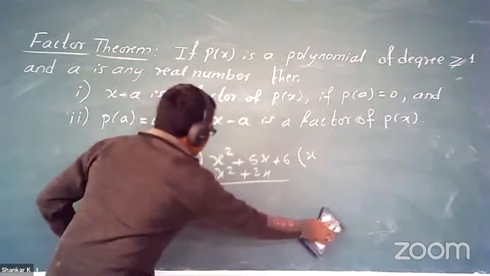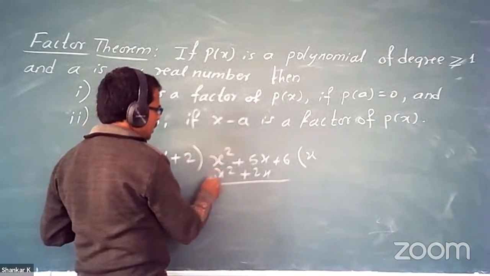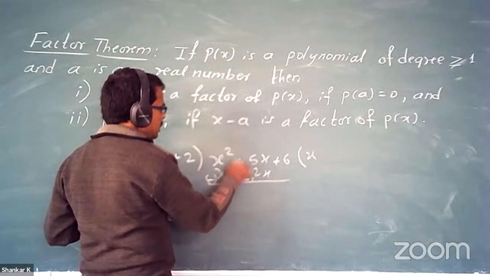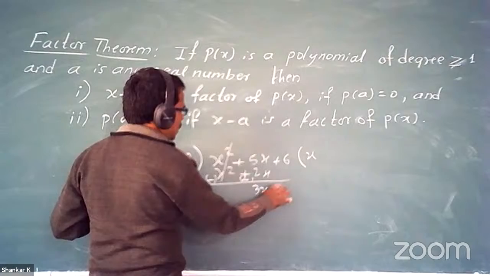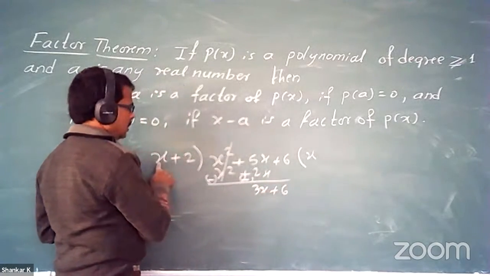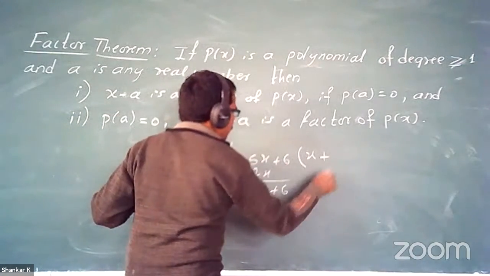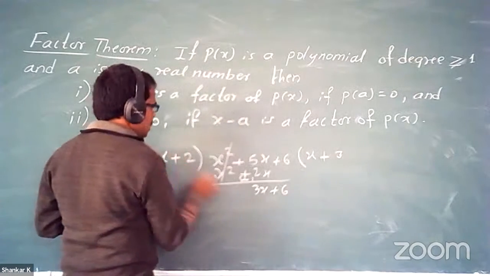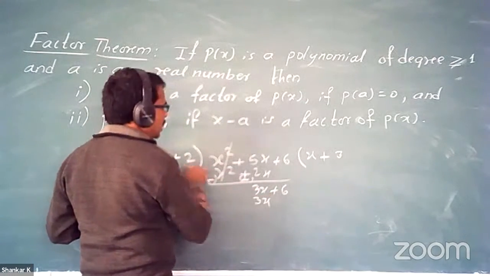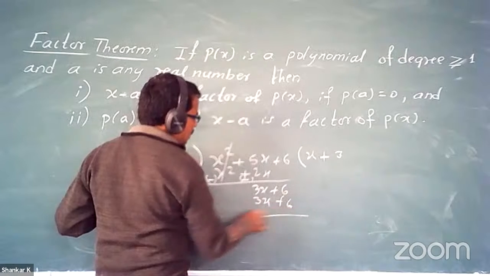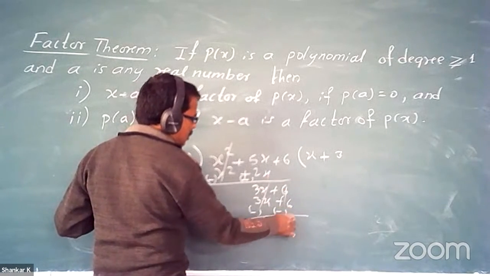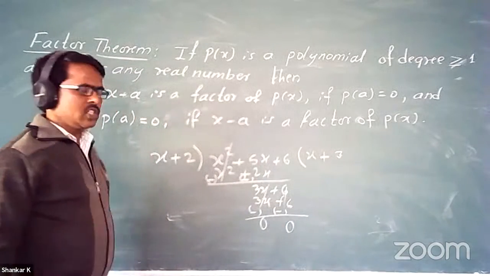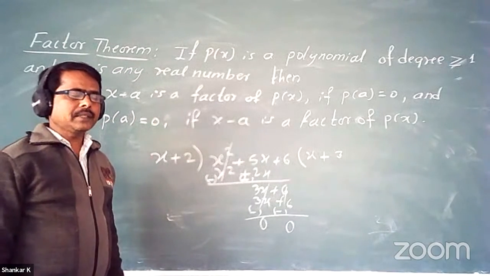If you subtract, this became minus, cancel, 5x minus 2x, 3x plus 6. Here, what we should take, 3 into x, 3x, 3 into 2, 6, this is minus, cancel 0, this is also 0, remainder is 0, what is the meaning?